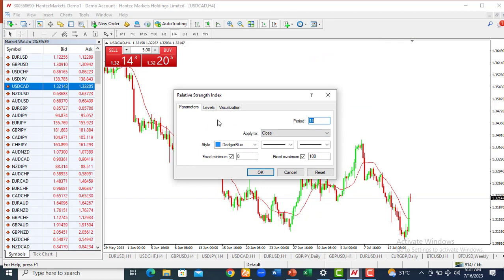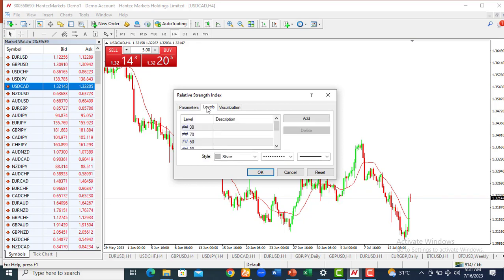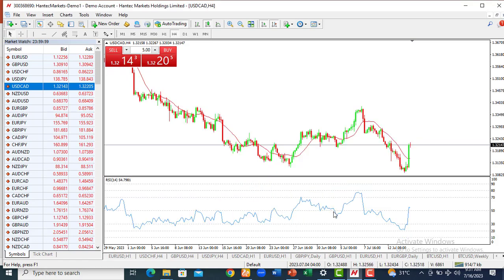You go to parameters, period 14, levels, and you can add the levels. Remember we started with 50, 70, and 30. Now I had to add more levels. You just click on add, add as many levels as you wish, then you click okay, and you will see it at the bottom of your chart.